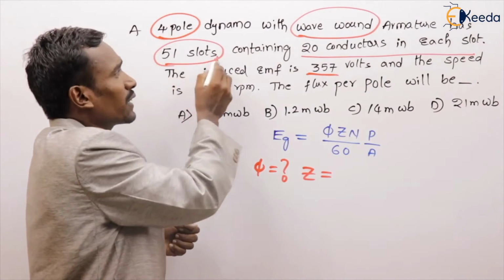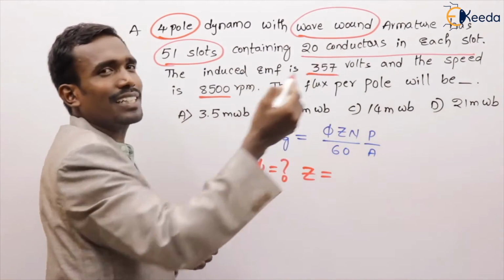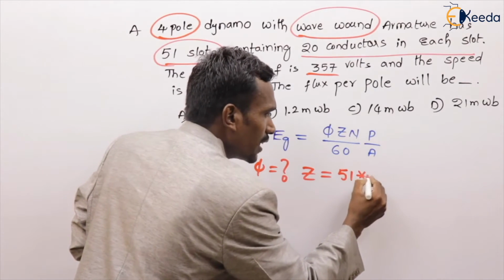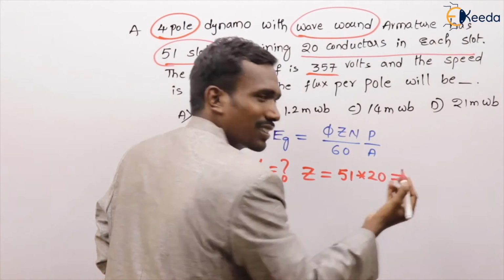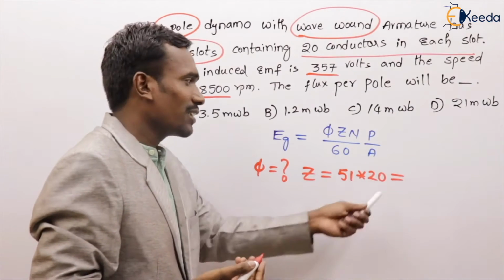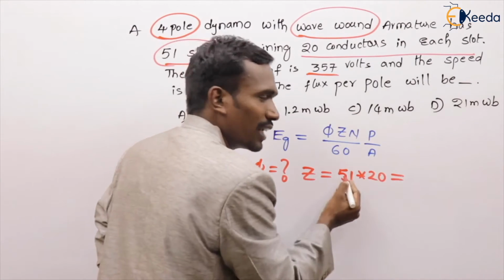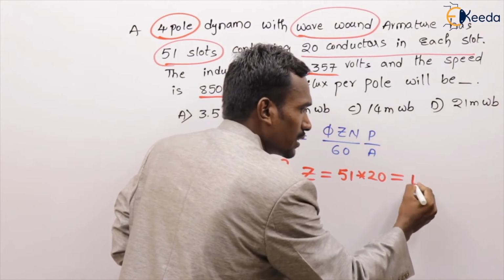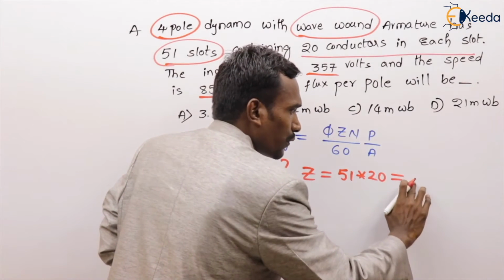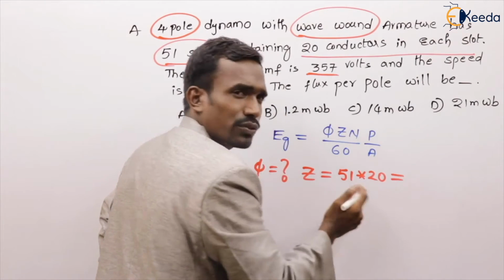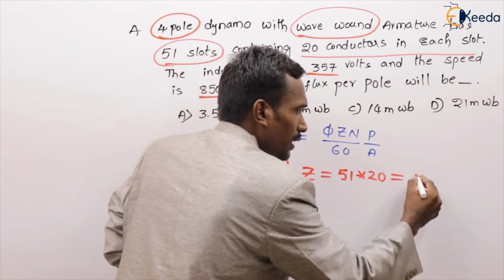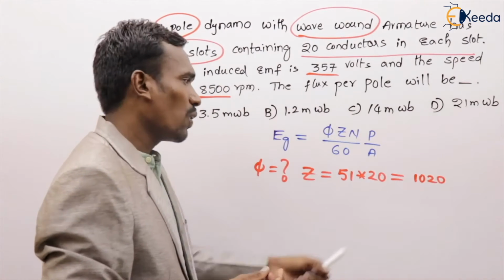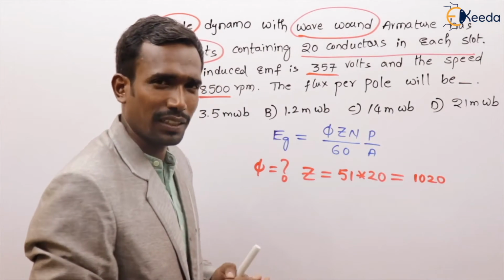They gave 51 slots containing 20 conductors in each slot. Then what is the answer? 20 into 51, nothing but 1020. Yes or no? 1020 conductors.